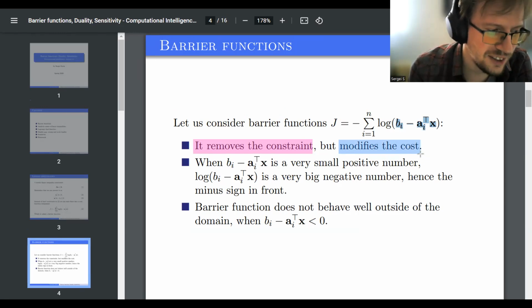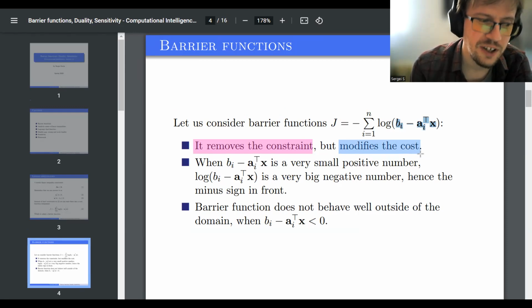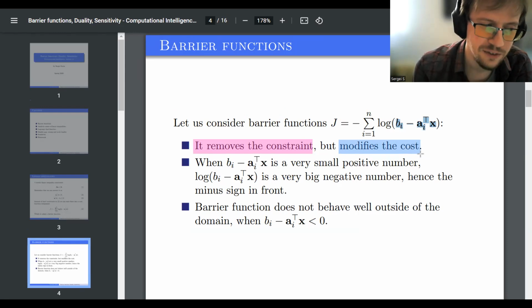And this means that the optimal solution is also going to be different, because inside the domain, the cost is modified, so the optimal solution is shifted. A log has a very small influence inside the domain, but still has an influence. You can multiply the log function, for example, by a small number, let's say 1/10,000.